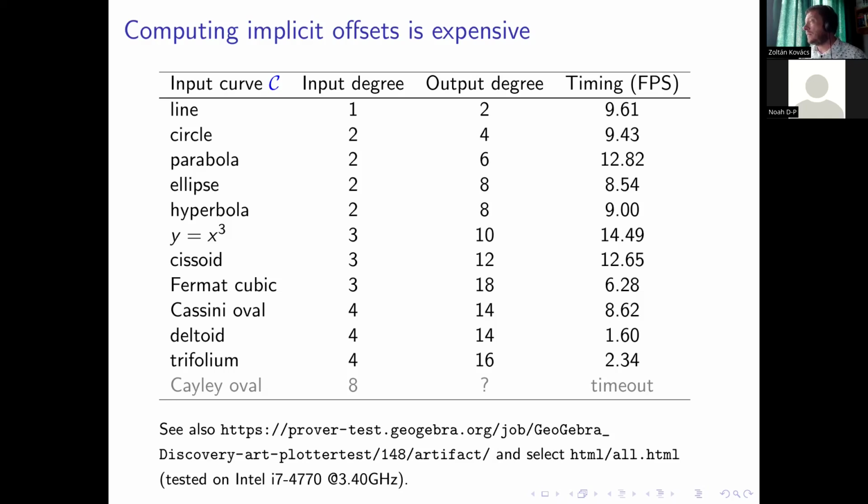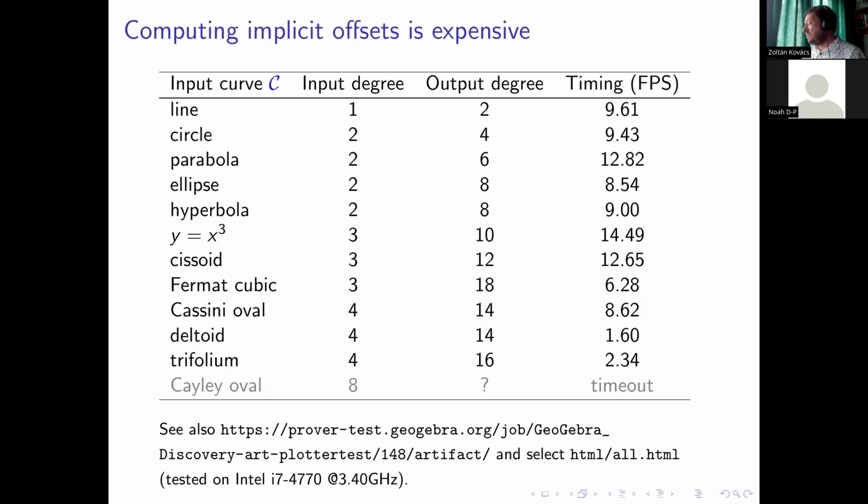For the Cayley ovals, at the moment, we don't have an implicit version of this computation, but the other attempts are also very, very difficult. So because of that, we learned if you have a high input degree, you cannot be optimistic about getting a positive result.